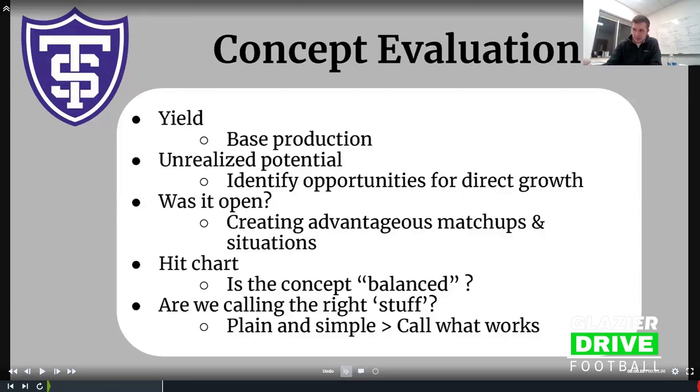And then ultimately what this is going to help us discern is, are we calling the right stuff? For lack of a better term, are we calling the right stuff? It's plain and simple, in the mindset of calling what works. All right. And ultimately what we're trying to find is where we had our success, but we're trying to understand what these concepts can consistently provide for us. So now we have a situational basis that we can call these things and understand that, hey, this is a concept that 75% of the time we are getting 7.8 yards per attempt, whatever that is.